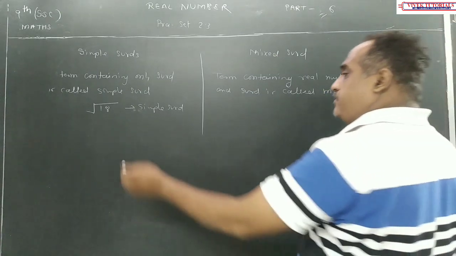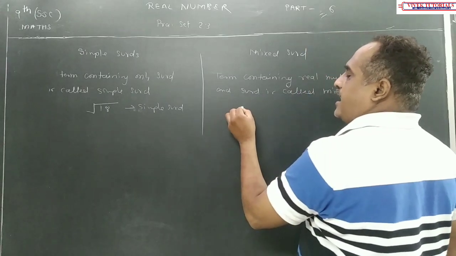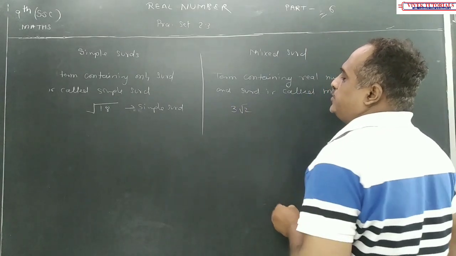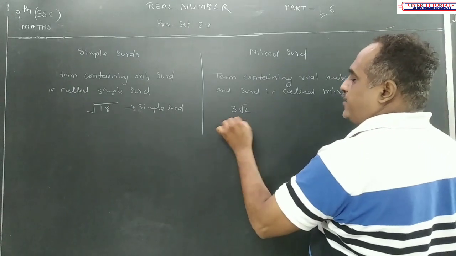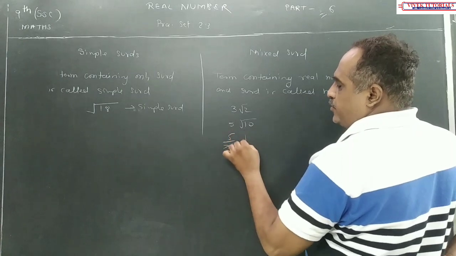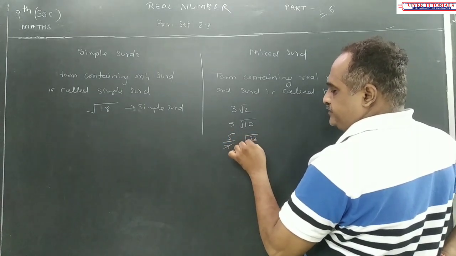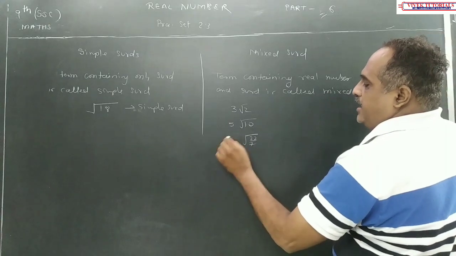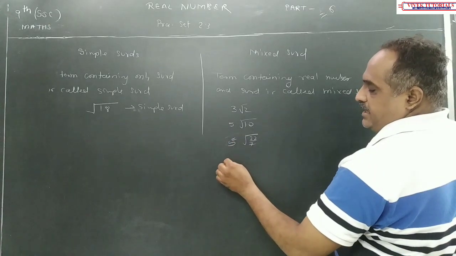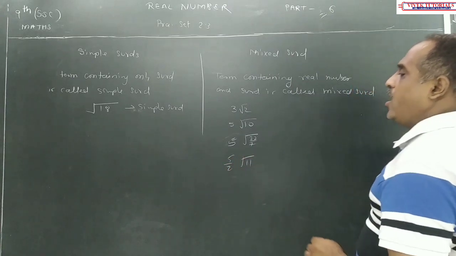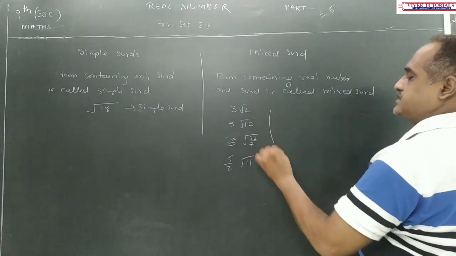Here it is a simple surd, but here I can write 9 into 2 as 3 root 2. Then 5 root 10, 5 by 7 root 22 upon 7, 5 by 2 root 11. All these are mixed surds.